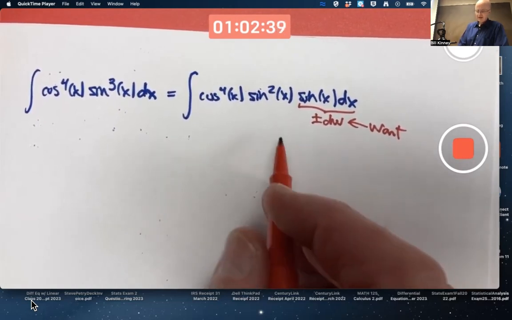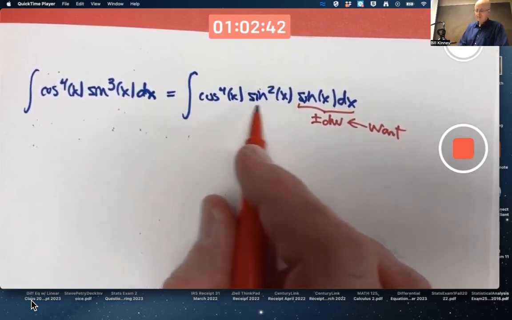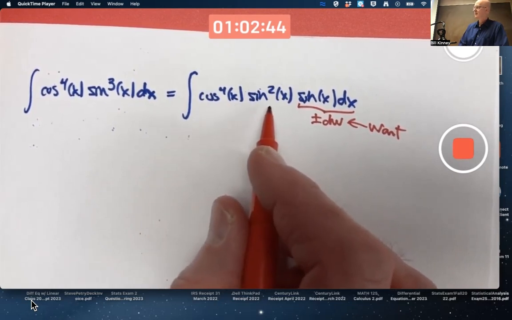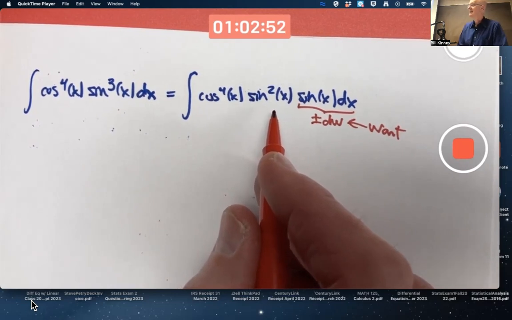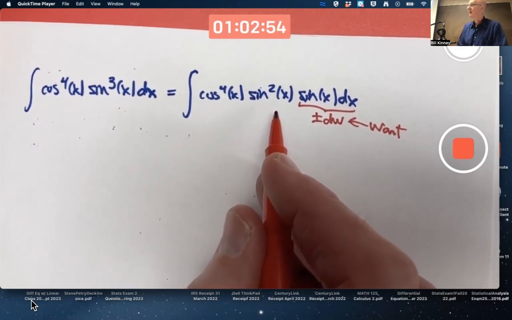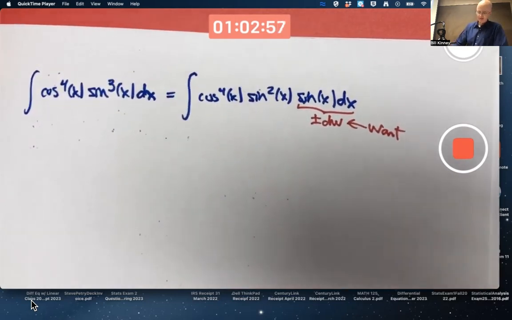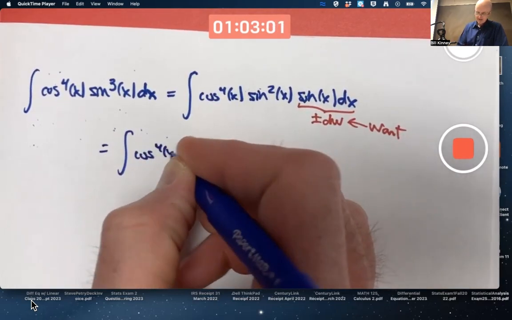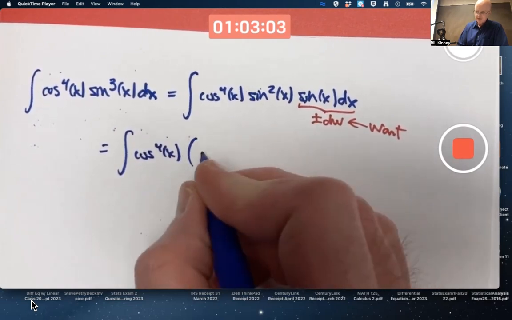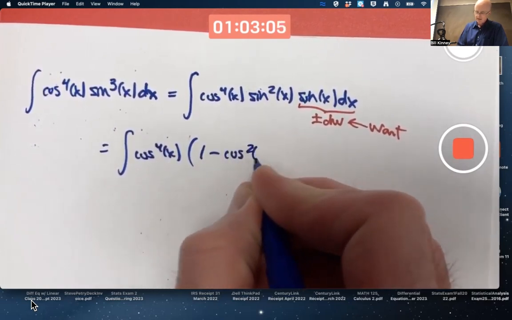But wait a minute, if I let w be cosine, this will be w to the fourth, but what about that? What do I do with that? I have to use a trigonometric identity to relate it to cosine. And since it's sine squared, I can use your favorite trig identity. Cos squared plus sine squared equals 1. So this is cos fourth x times sine squared gets replaced by 1 minus cos squared x.